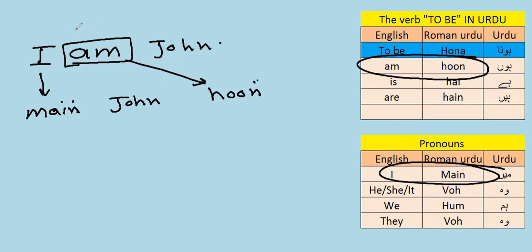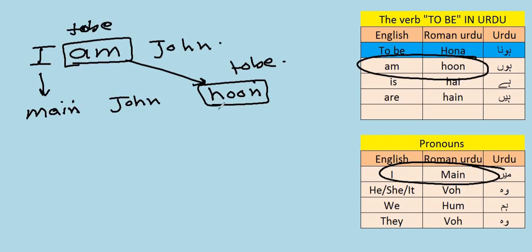As you can see, am is the to be form in English, while हूँ is the to be form in Urdu. So the main difference between English and Urdu sentences is that in English we use to be in the middle of a sentence, while in Urdu we will always use it at the end of the sentence.